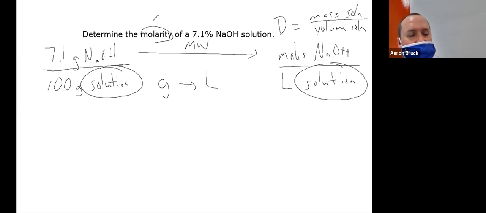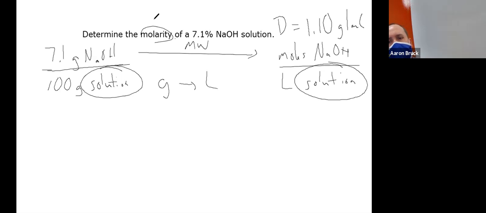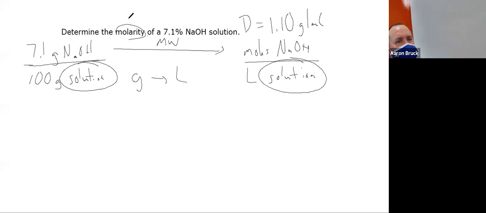So let's say, just for the sake of argument here, we're making up all the values anyway, that our density is 1.10 grams per milliliter. From this perspective, I've got everything kind of in place that I want in place.